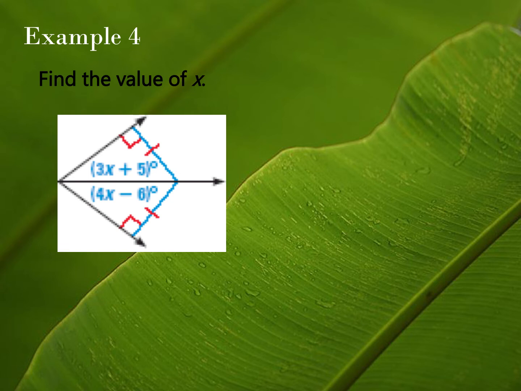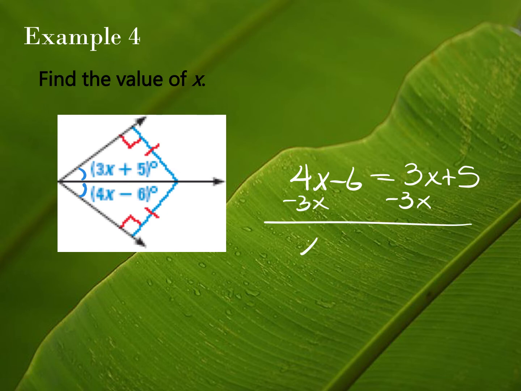So that tells me that this angle, 3x plus 5, is going to be congruent to 4x minus 6. So to find the value of x, I need to set these two equal to each other. So 4x minus 6 is equal to 3x plus 5. I'm going to combine my like terms by subtracting 3x. x minus 6 equals 5.